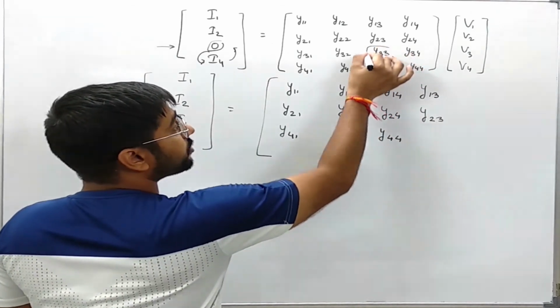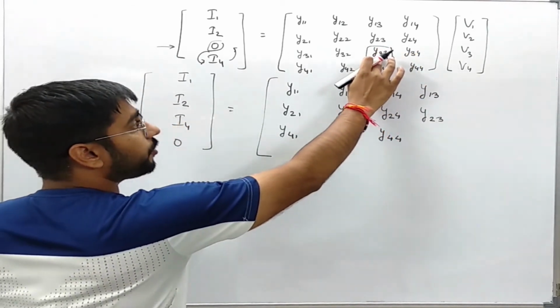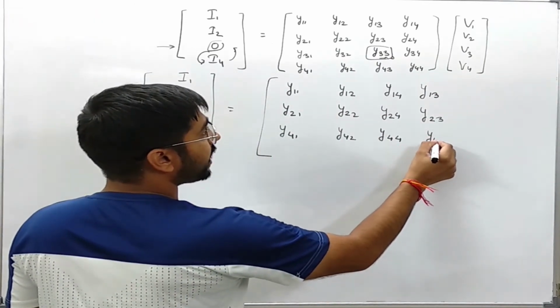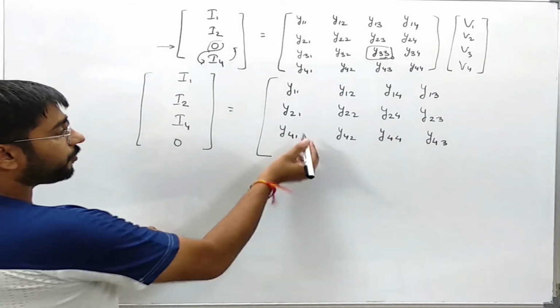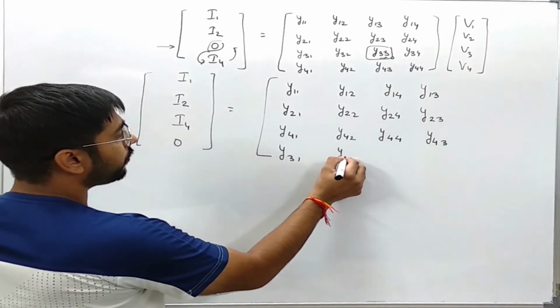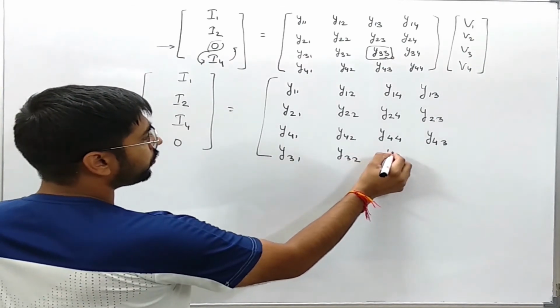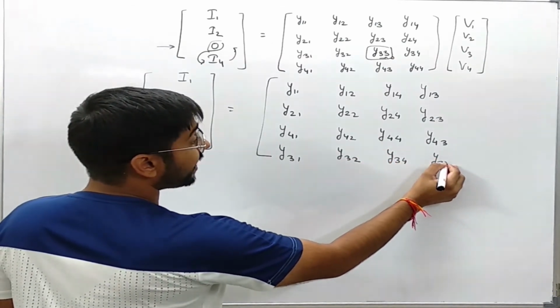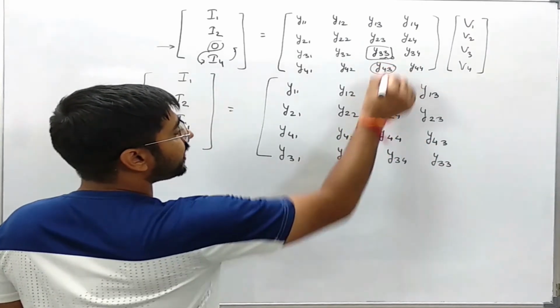This is again a crucial part. Y44 instead of Y33, and it will come out to be Y43. Now 4 will be replaced by 3, Y31, Y32, Y34, and this will come out to be Y33. You see, this is again a crucial element.